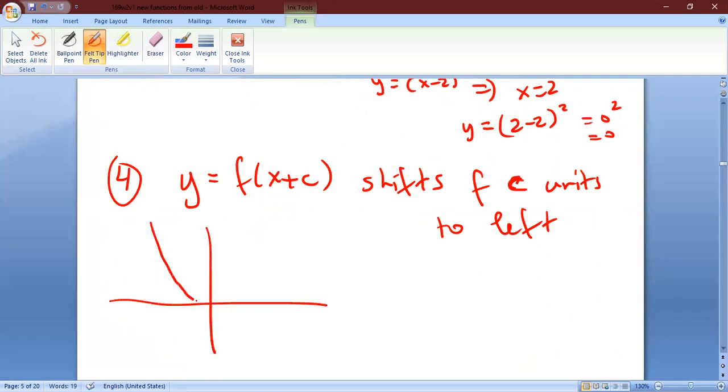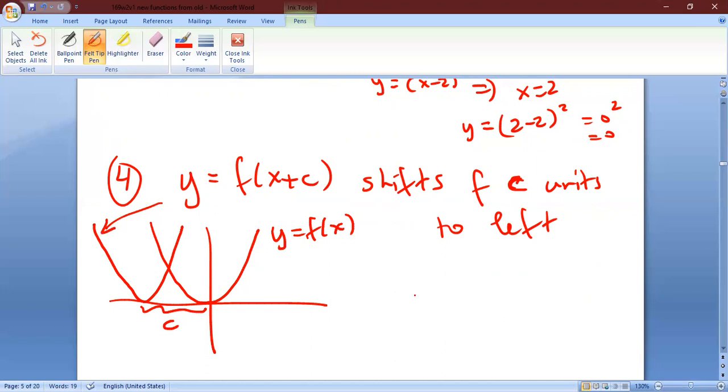Let's say this is y equals f of x, and if you add c to x and then apply f, then the graph will shift like this. Like for instance, if we have x squared again, but if we write x plus 3 squared, think about it.